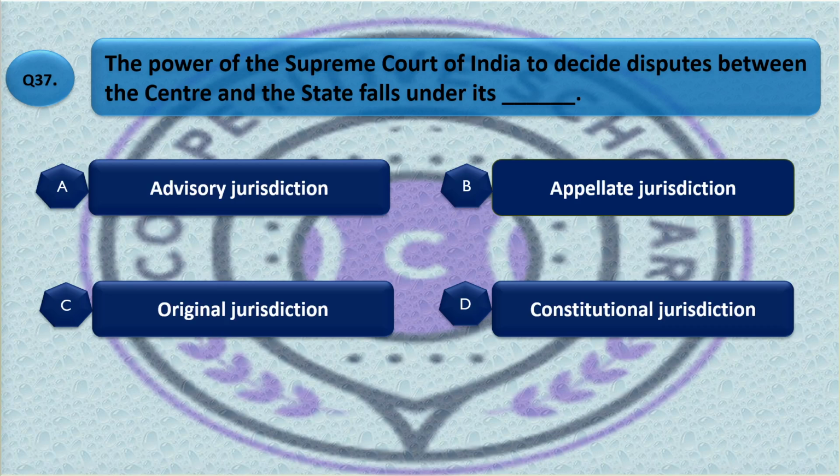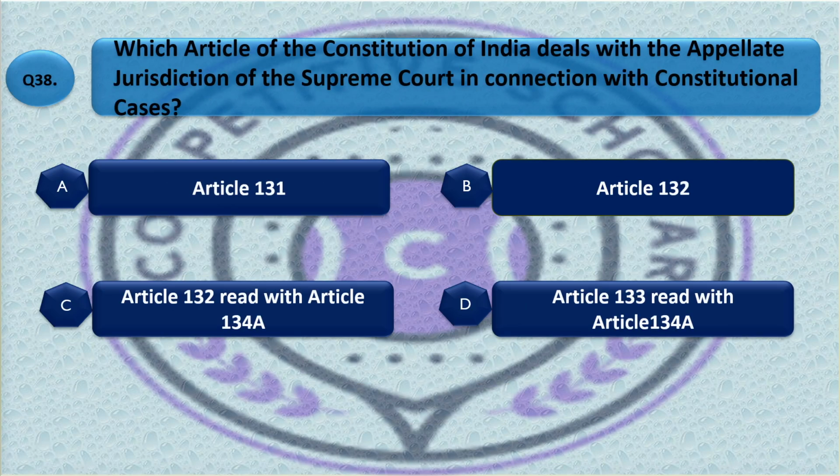Question number 37. The power of the Supreme Court of India to decide disputes between the center and the state falls under its option A, advisory jurisdiction. Option B, appellate jurisdiction. Option C, original jurisdiction. Option D, constitutional jurisdiction. Answer is C, that is original jurisdiction. Question number 38.